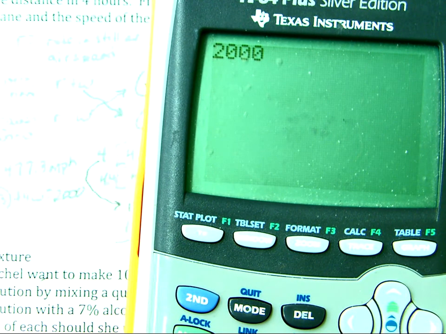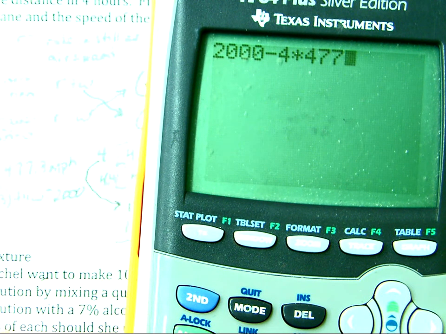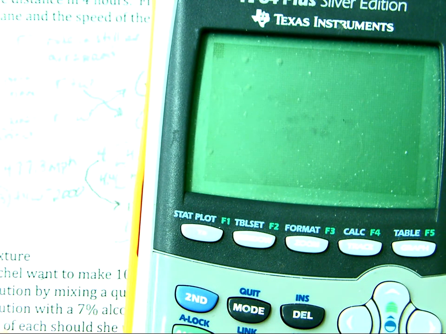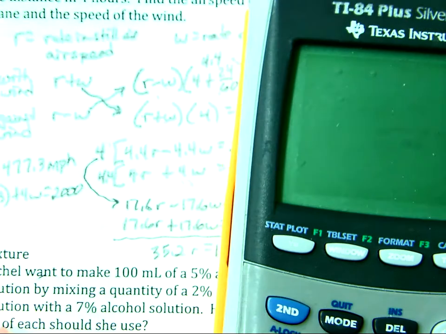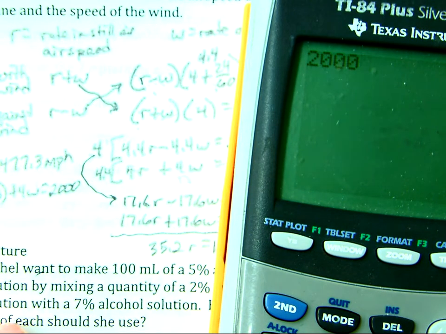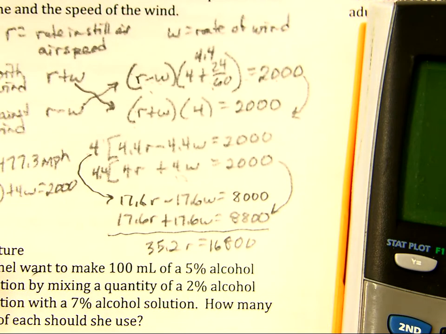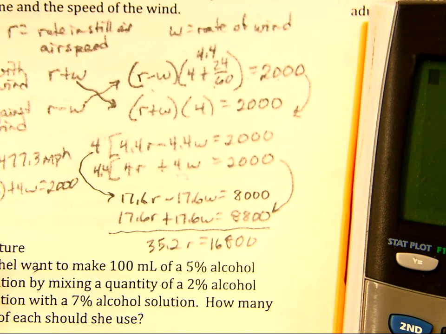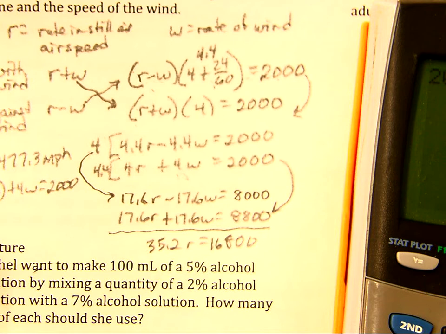So if I take 2,000 minus parentheses 4 times 477.3, you get 90.8.